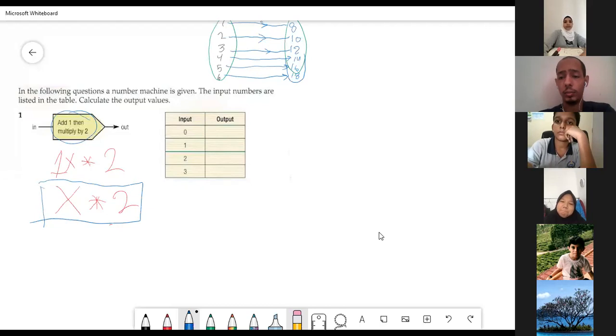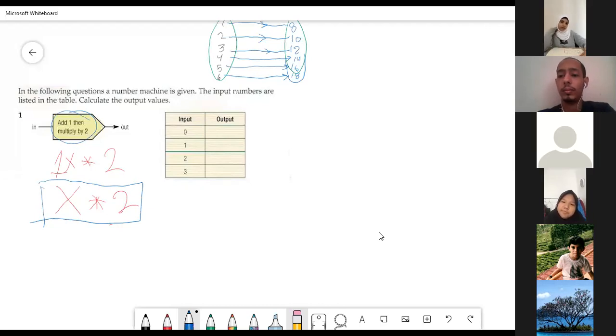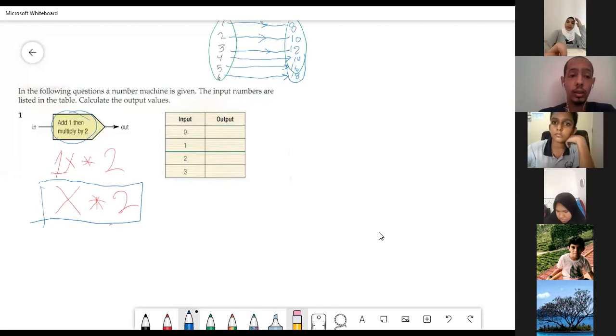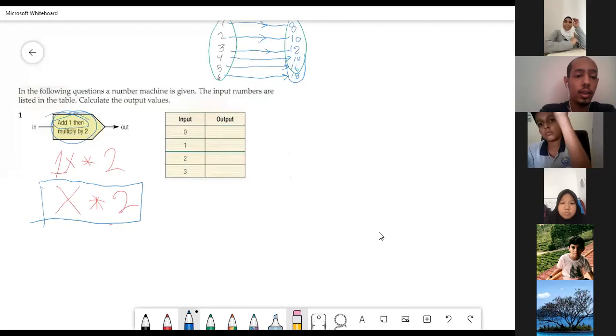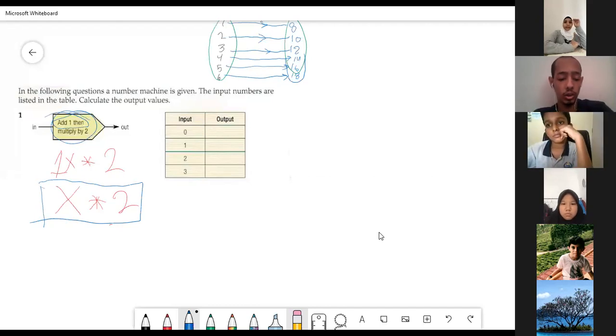Was that clear? We are going to multiply the number by 2, but we have missed something, so our rule is not correct. We have to add 1, then multiply by 2. Where is the addition?